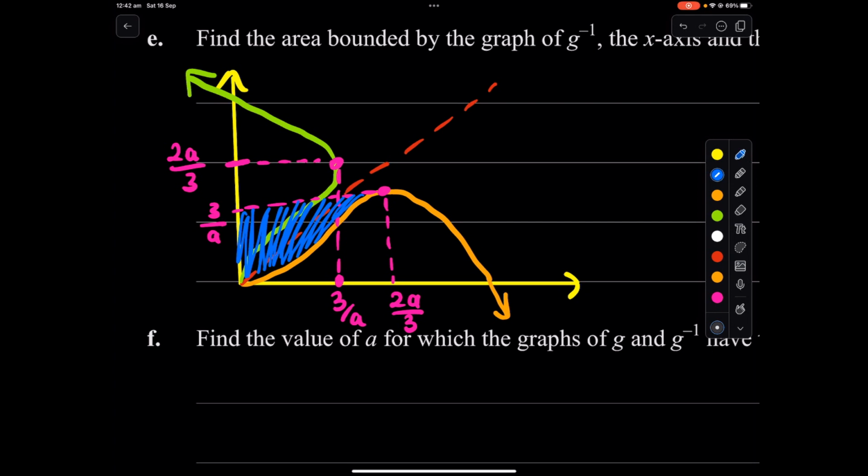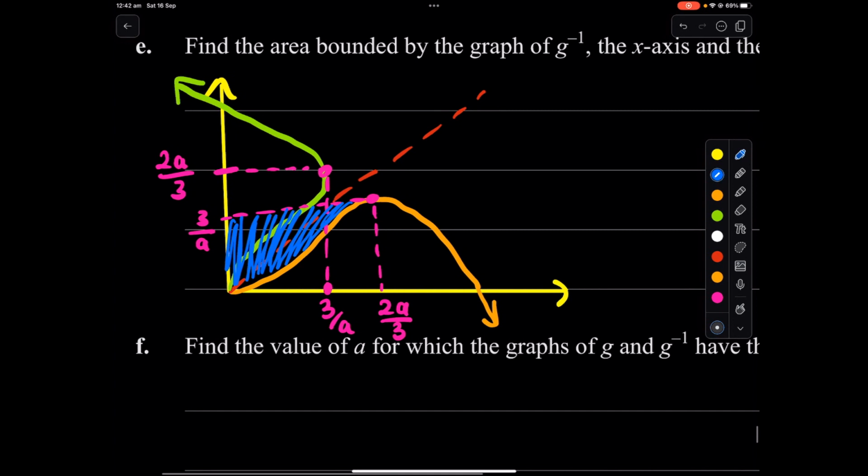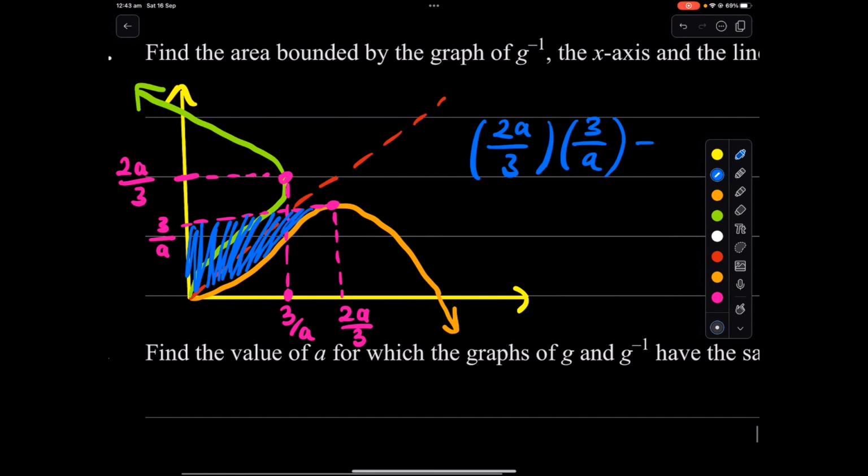So if I can find the area under this graph, and find this rectangle, the area of this whole rectangle, which is what? 2a on 3 multiplied by 3 on a, that's the area of the rectangle, minus this area over here.